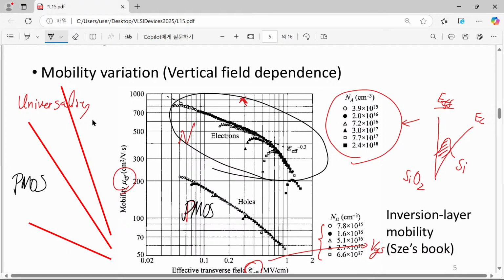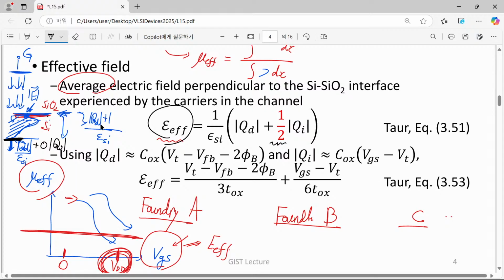However, in the case of a P-MOSFET, we cannot get the universality. So what they did is play with this number, the weighting factor. This weighting factor is related to the distribution of electrons or holes, and they played with this number, and they found that 1/3 happened to restore the universality.